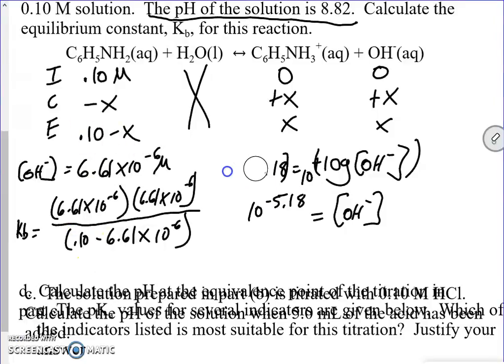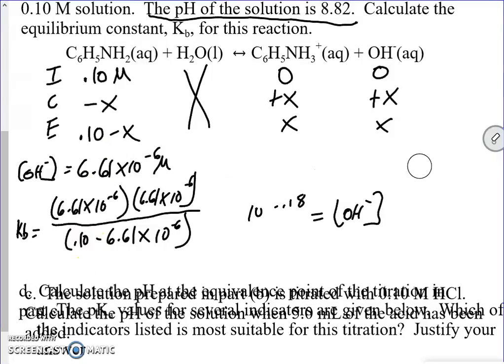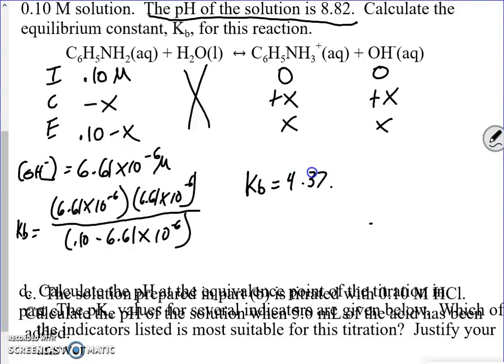And when we go through and do that math, what we get is a Kb value of 4.37 times 10 to the negative 10. So that takes care of B.